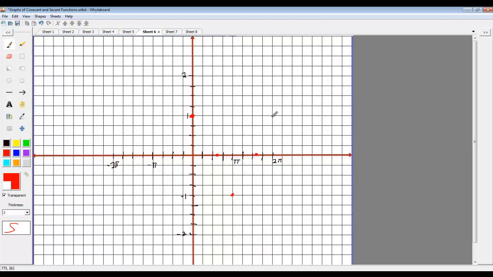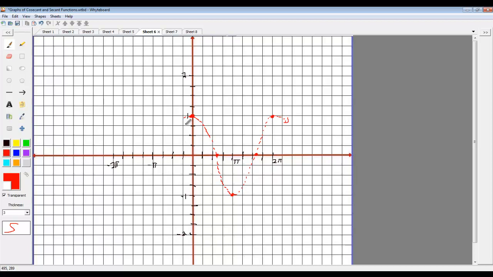And at 2 pi it hits 1 again. So it's just like the sine curve, except it's shifted over a little bit.